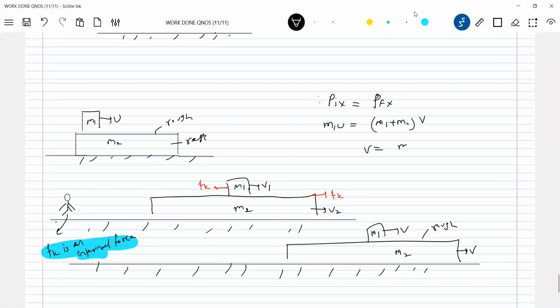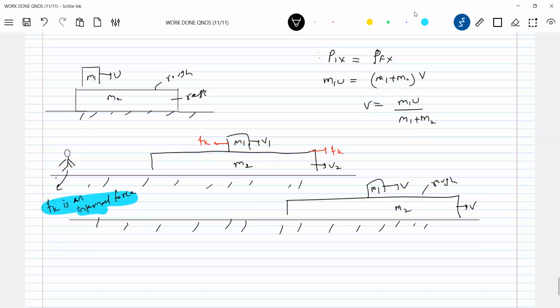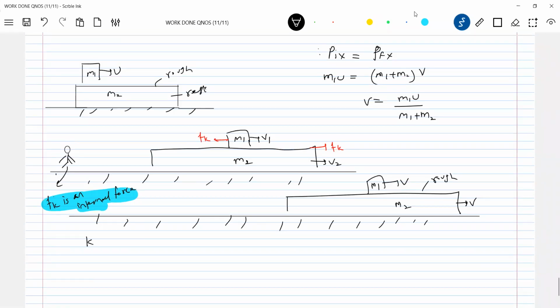So what is the velocity? Finally (m1 plus m2) v. Let's calculate the kinetic energy of this. Initial kinetic energy m1 u square by 2. Final kinetic energy m1 v square by 2 plus m2 v square by 2.